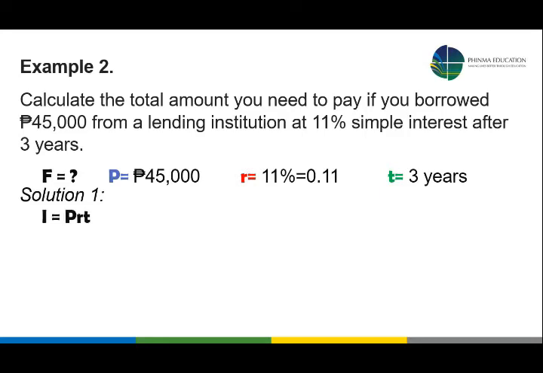We'll use the simple interest formula, or it is the sum of the principal and the interest. So first we have to solve for the interest earned. That would be the product of principal, rate, and time.